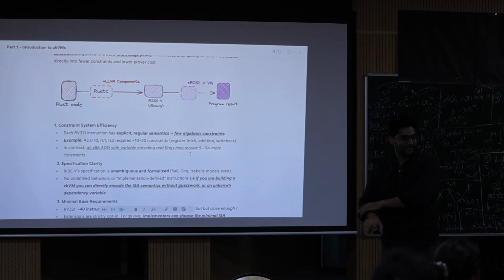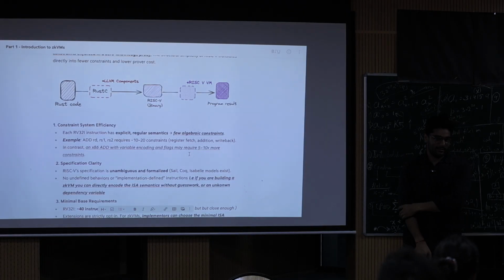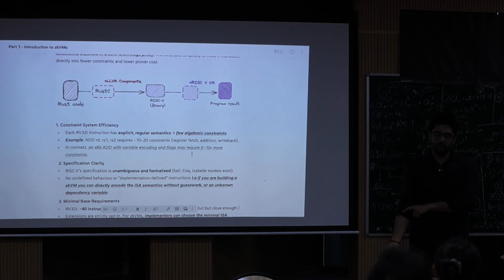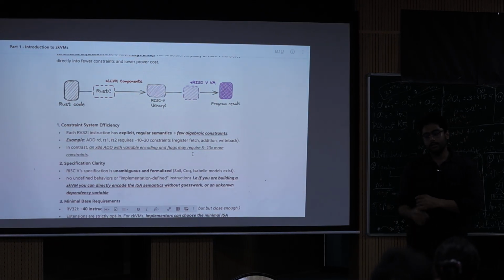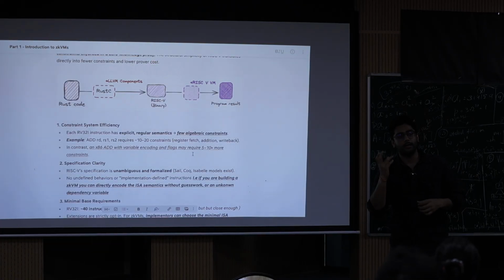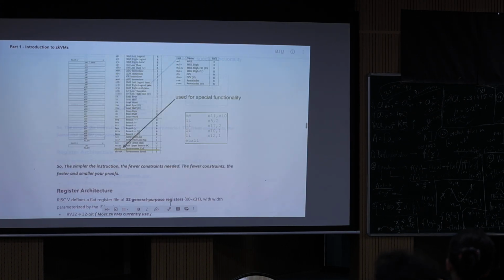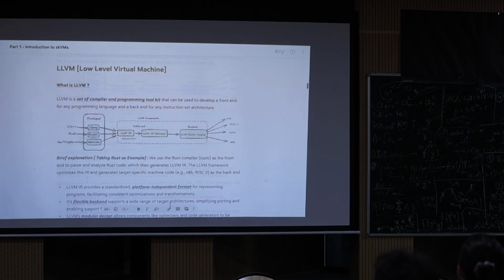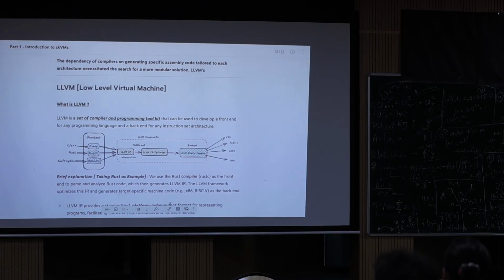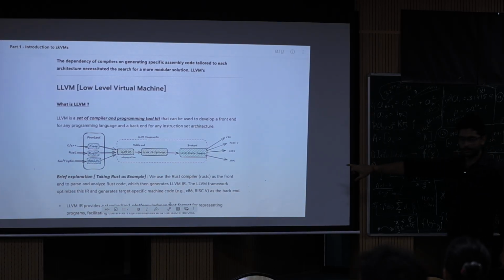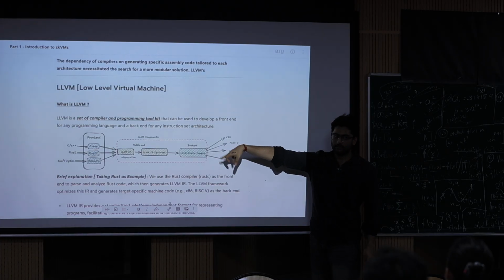So currently, what is it? ZisK is optimized for only Rust? No, there are multiple interpretations that it could compile to. RISC-V is an output, if you see. Okay, we convert. So you basically get this. Got it.